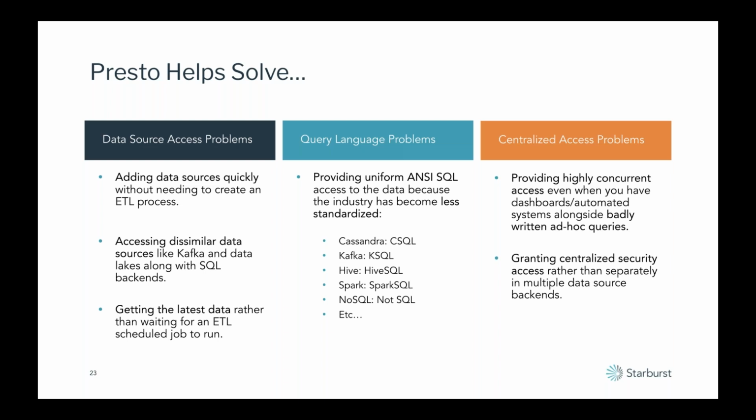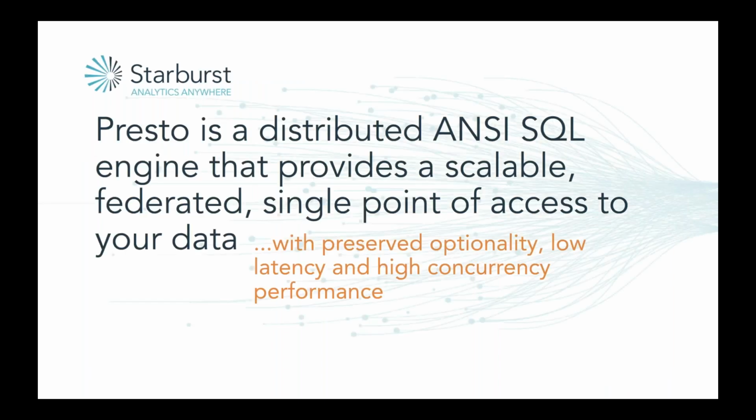So as far as the users are concerned, they're not feeling the detriment of these things when they work with the data. And finally, granting security becomes an easier, more centralized way of doing that, which really helps the data teams and the IT security teams to support a large number of users in the organization.